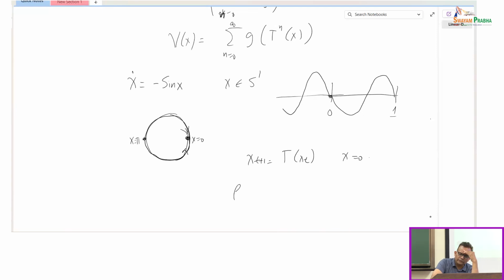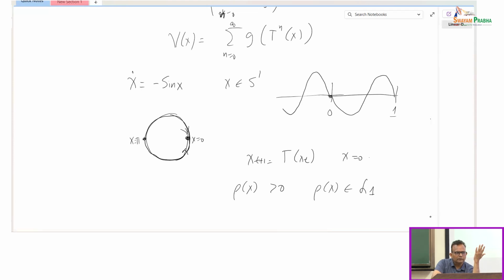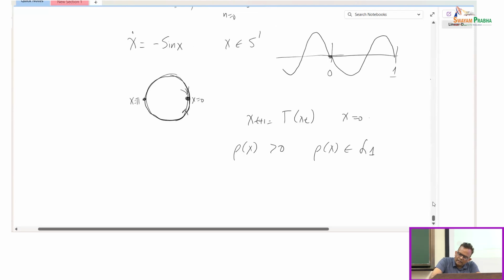If there is a density function rho of x, which is positive, and rho of x belongs to L1, it's an integrable function, rather than saying that it is radially unbounded and C1. Here, what we need is an integrable function such that it satisfies the following inequality. Now, this is interesting.